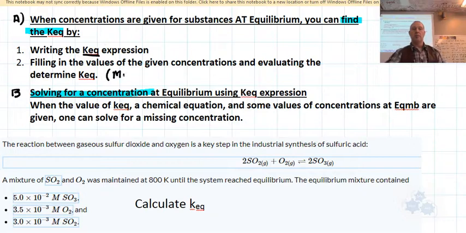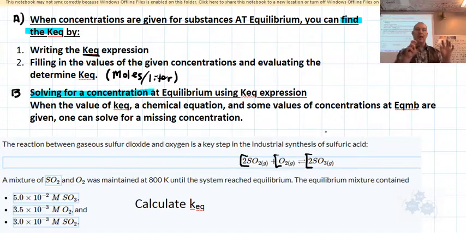Must be moles per liter concentration. All right. And the reason why is because the coefficients in the equation that we are using in our Keq are a molar ratio. So you can't just use grams. That doesn't work, because the ratio between the grams of each of these is not the same as the moles. So we have to keep that consistent.